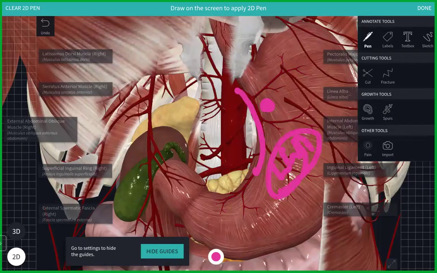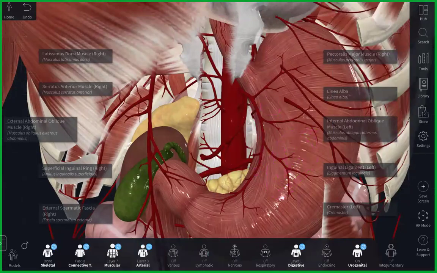Knowing that the lesser curvature is supplied by the left gastric artery is anatomy. And knowing an ulcer along the lesser curvature is bleeding and the bleeding artery is the left gastric artery is called surgical or applied anatomy. So that's the difference between anatomy and applied anatomy.